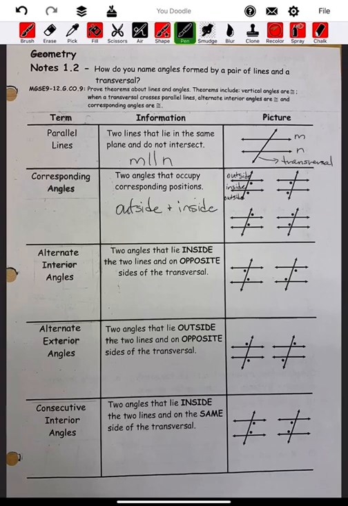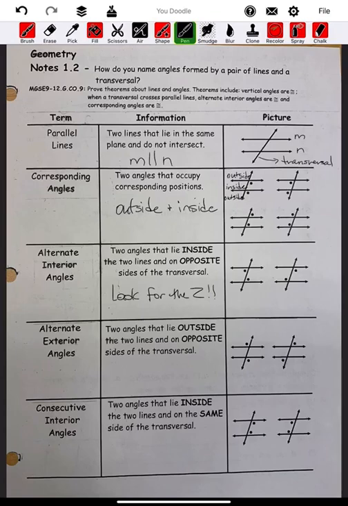Alternate interior angles. These are two angles that lie inside the two lines, and are on opposite sides of the transversal. So in our block here, you're going to write, look for the Z. Now you don't have to put the exclamation marks, but look for the Z inside your box. On this one, you see the two dots, you see how they're both inside the parallel lines?